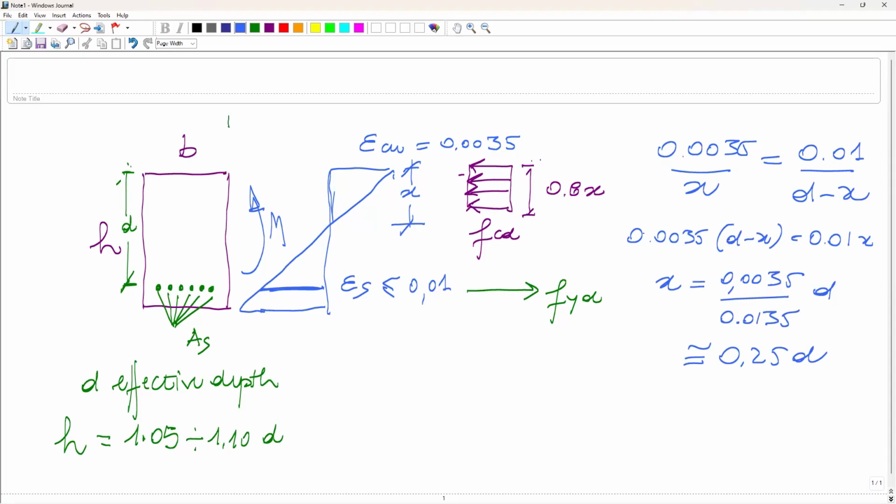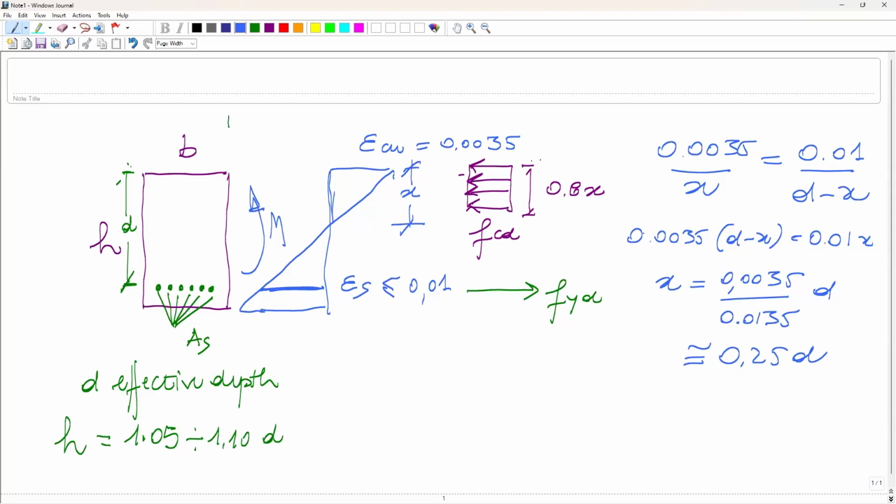how much is this? 0.2d. Okay, 0.2d. And since d related to h is h divided by 1.05, 1.2, even a little more if your beam is squat, we can say that this depth is around 0.16, 0.18 h.